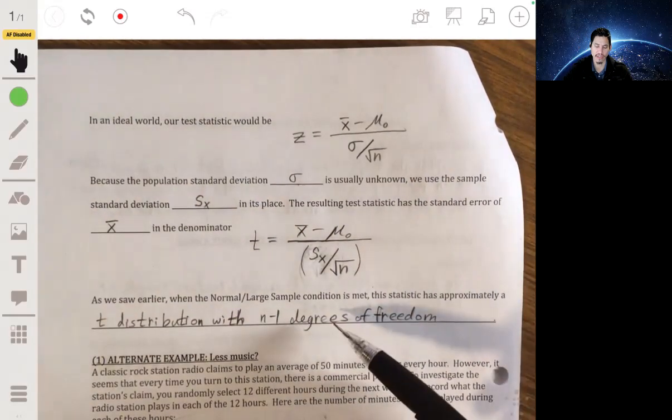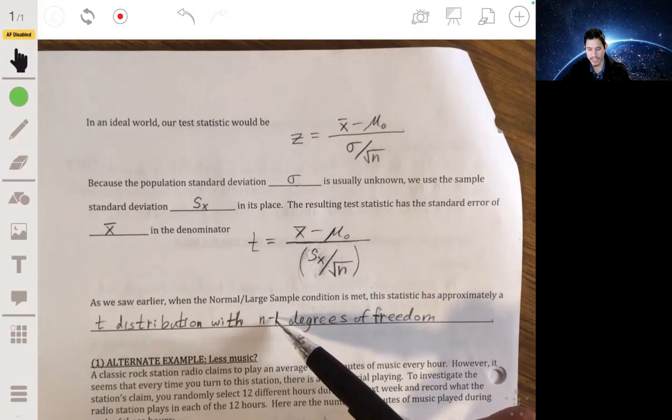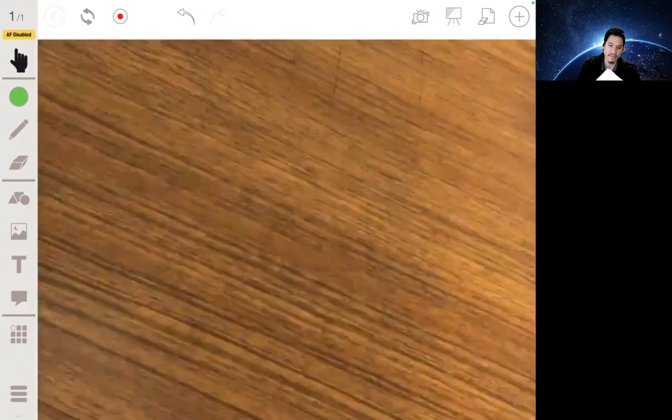So we have to consider the degrees of freedom, which will be one less than the sample size. So again, very similar to population proportions, and those are very similar to confidence intervals.